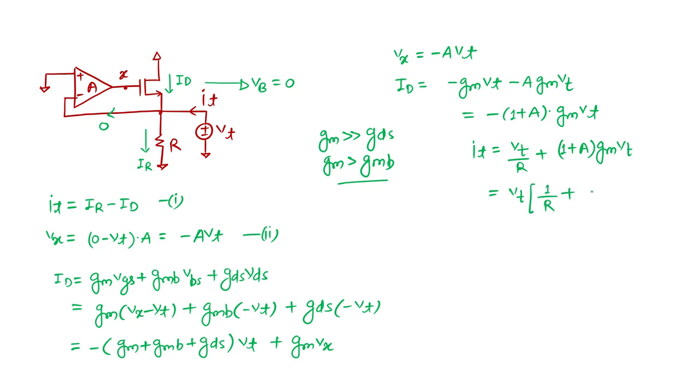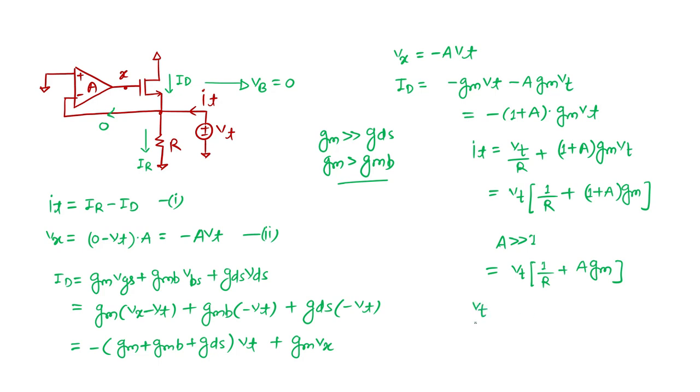1 by R plus 1 plus A times GM. So let's say A is much greater than 1. So this expression can be written as VT times 1 by R plus A GM.